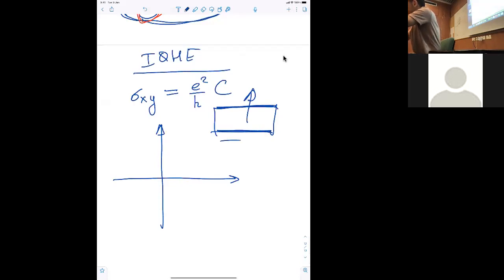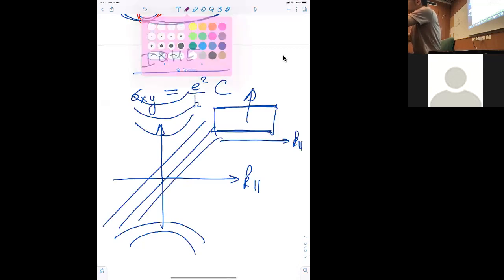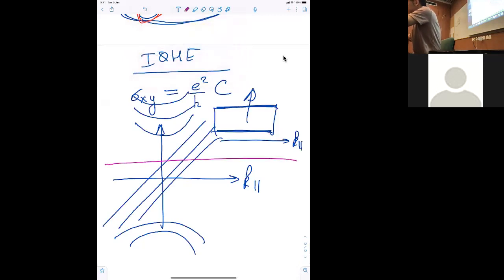But if you look along the boundary of the sample, say, let's call this direction K parallel, then as a function of K parallel, the spectrum will look like some gap states in the conduction band, some filled states in the valence band, and on top of it, we will have gapless states that will cross any value of chemical potential, and the number of these gapless modes that propagate along the boundary will be equal to the Chern number.